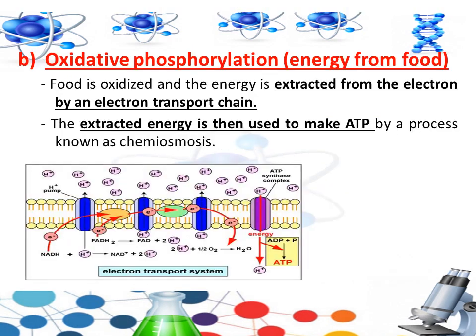And then the second mechanism is oxidative phosphorylation, energy from food. So in oxidative phosphorylation, the food is oxidized and the energy, the ATP, will be extracted from the electron by an electron transport chain. So this extracted energy is used to make ATP by the chemiosmosis process, which is against the concentration gradient.